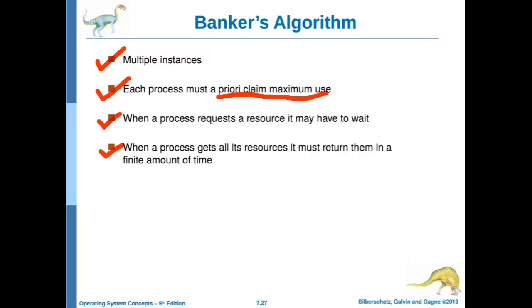Meaning of that is very simple. Whenever resources are allocated to you, you cannot use them forever. Okay, there is a protocol. You should acquire the resource, you should use it, and you should release it. And this release of resources must happen in finite amount of time. It is not forever, right? So these are some assumptions for Banker's algorithm.